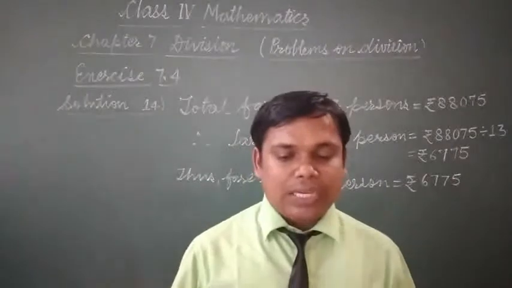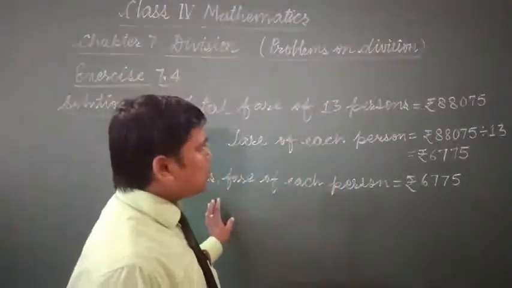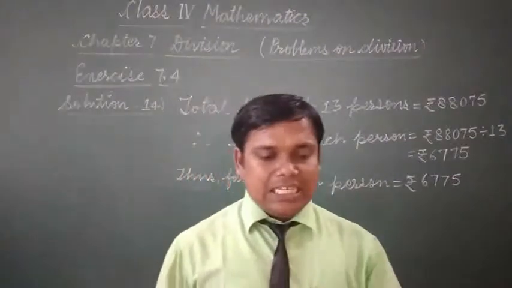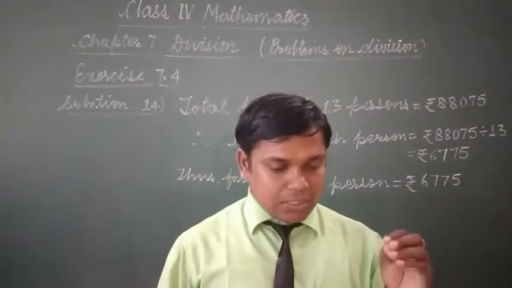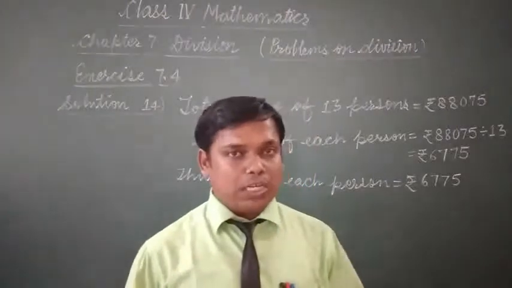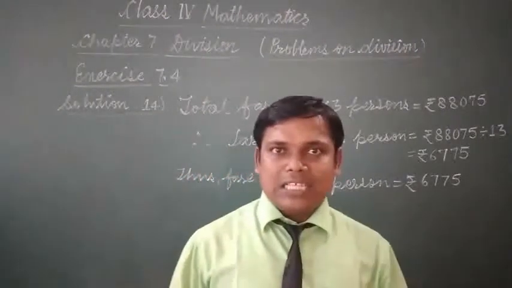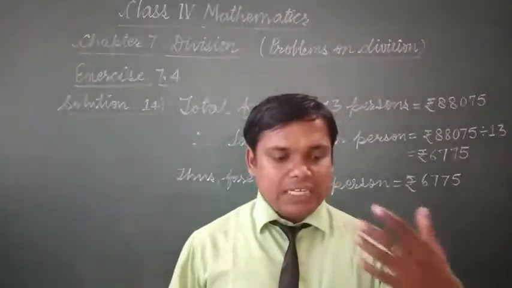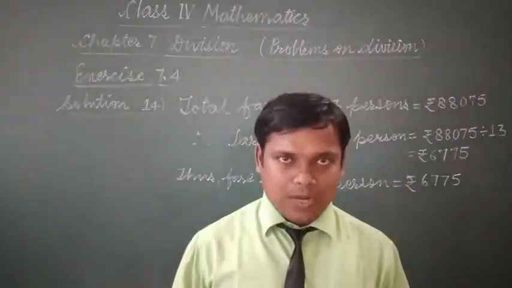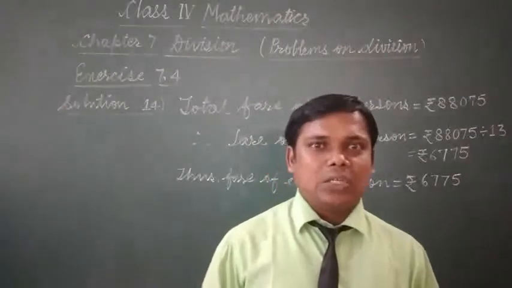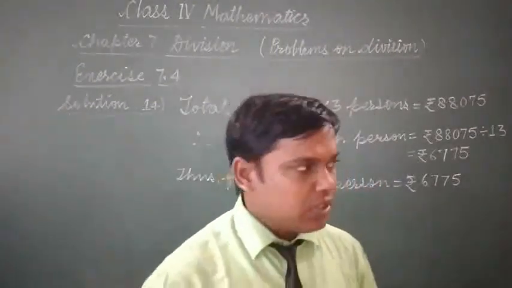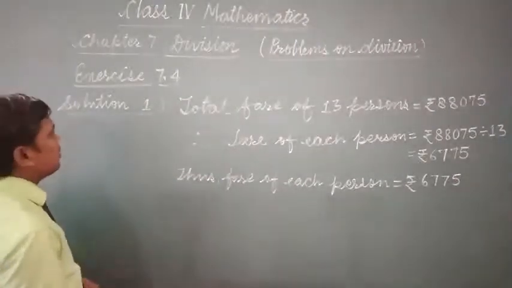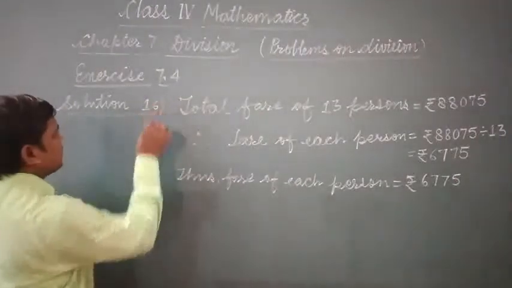In the same way, you will write total cost of 45 cycles is equal to 56,250. Therefore, cost of one cycle is equal to 56,250 divided by 45 to get the cost of one cycle. So let me write here solution 16.